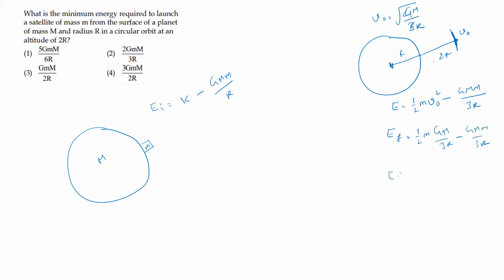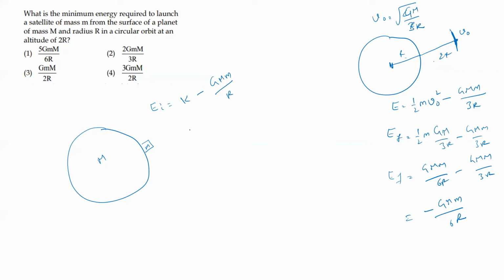So E final is half m times GM by 3R, minus GMm by 3R. So you get GMm by 6R minus GMm by 3R, which is minus GMm by 6R.